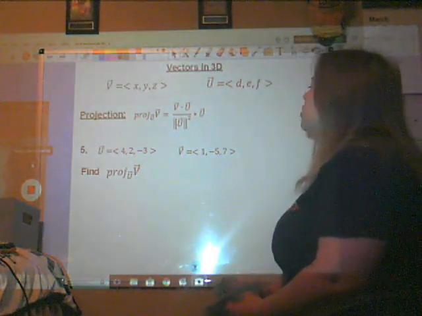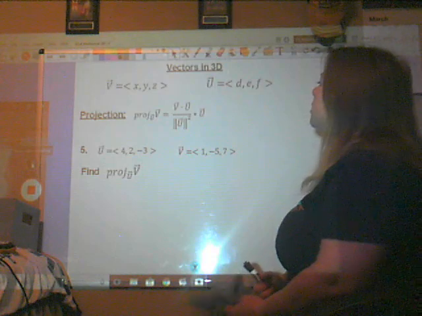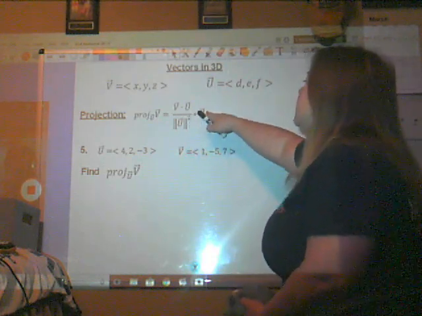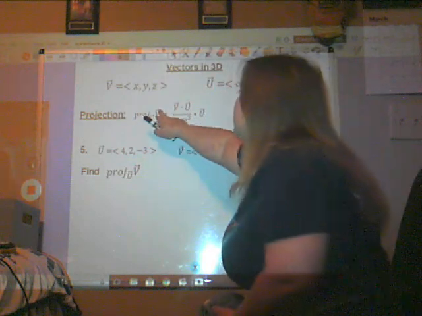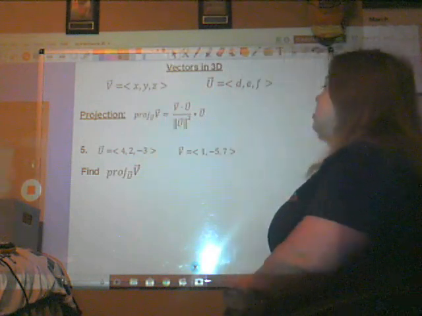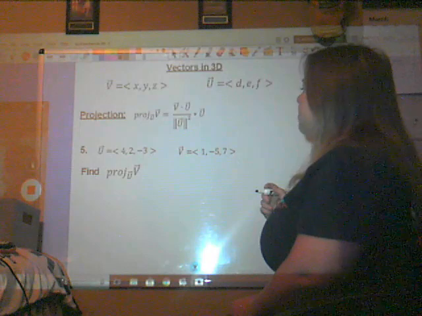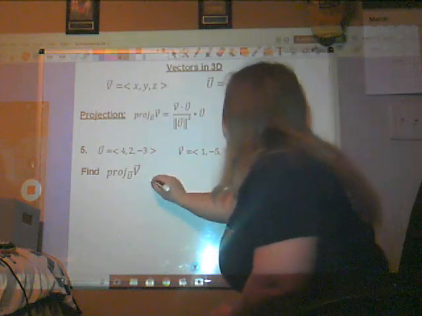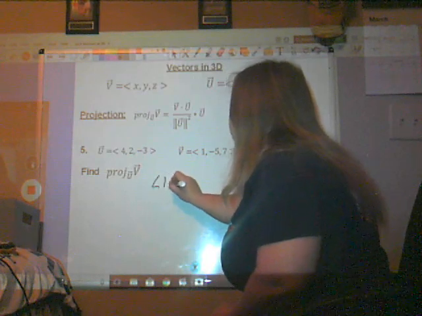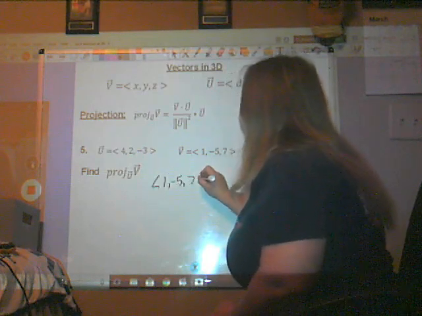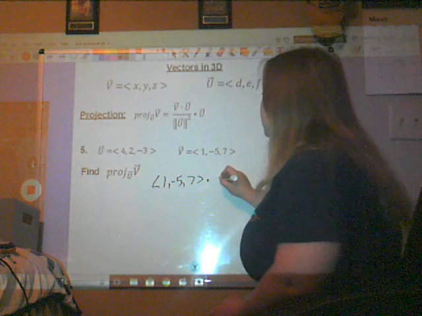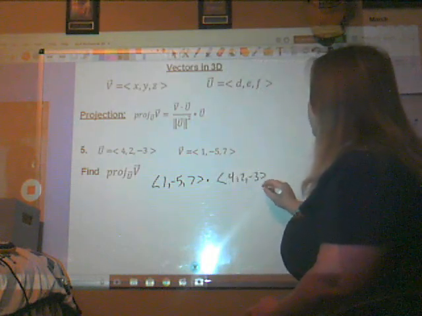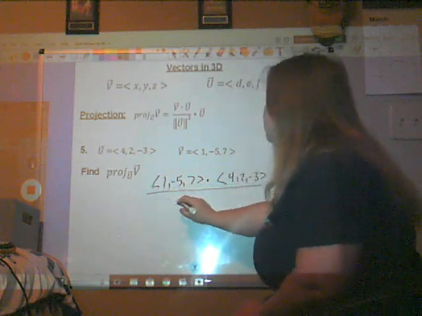So on your projections, you're going to have v dot u all over the magnitude of u squared, times u, and that's if v is projected onto u. So it is on here, so we're going to use that same formula. So we've got v dot u, so v is 1, -5, 7, dot u, which is 4, 2, -3, all over the magnitude of u squared.